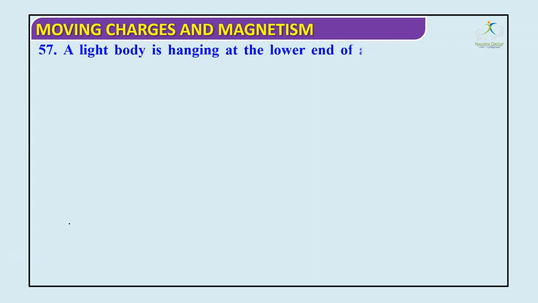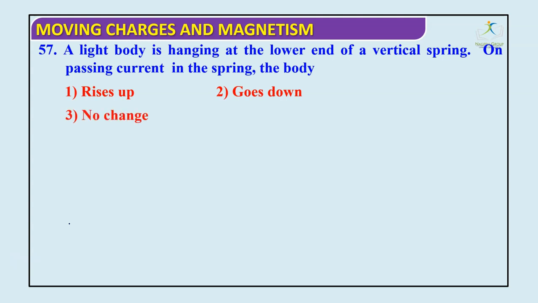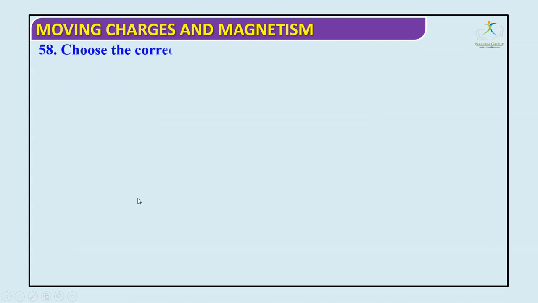Next question: a light body is hanging at the lower end of a vertical spring. On passing current in the spring, the body rises up, goes down, stays unchanged, or oscillates up and down. The correct answer is rises up. Next question: choose the correct statement.